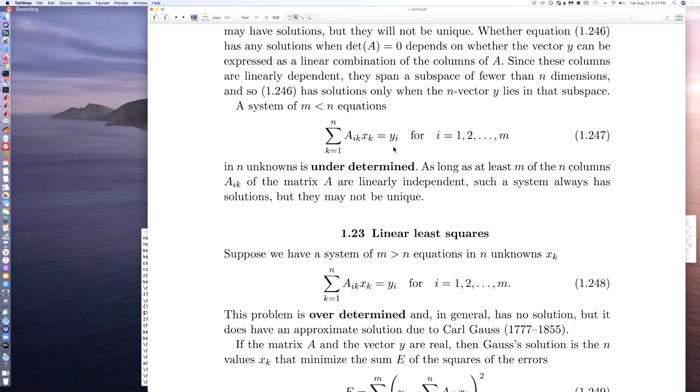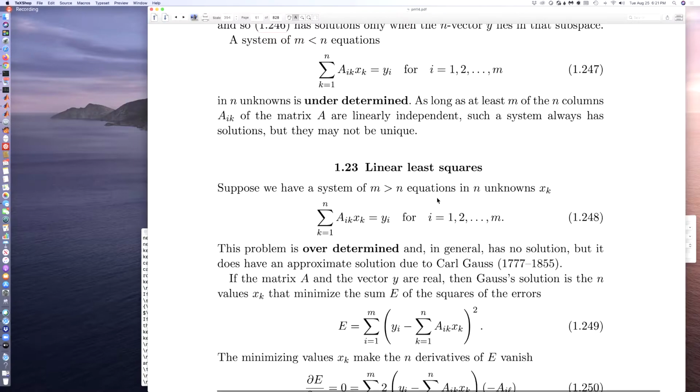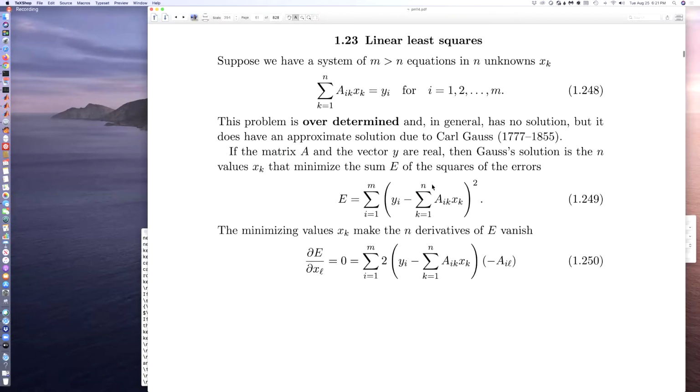No, I'm sorry, I got it backwards. This is stated correctly, and I was just jumping to this case. So let's go to the more interesting case. That's the case where you have too many equations and not enough unknowns.